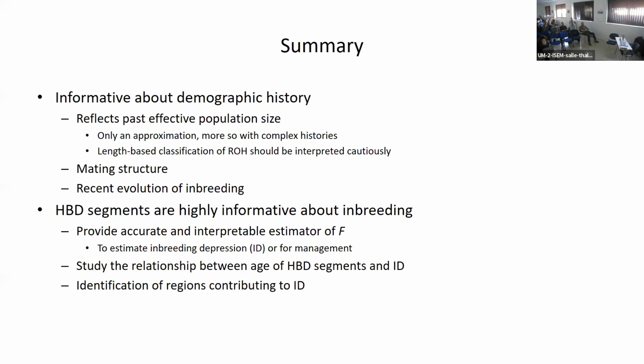And the second part is that runs-of-homozygosity or HBD segments can be used to construct a very reliable estimator of the inbreeding coefficient that is interpretable, and it also allows you to study the age effect of inbreeding, and to identify regions contributing to inbreeding depression.